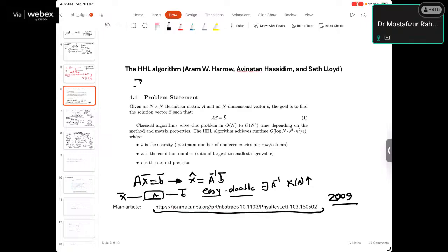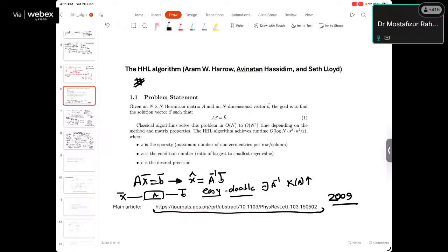People are still working on it for real-time implementation, because implementation is very challenging for this algorithm. There is a 2x2 implementation I have shown you in the Qiskit tutorial, but the steps are not that easy. For each and every step, the encoding part is easy, but there are other vital steps.